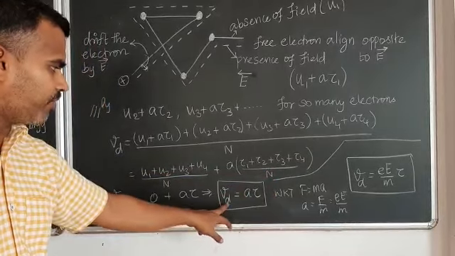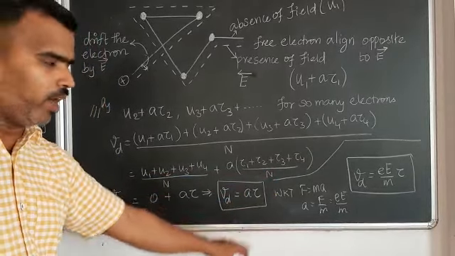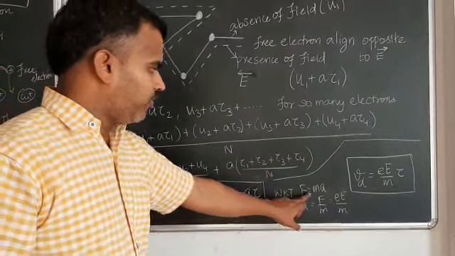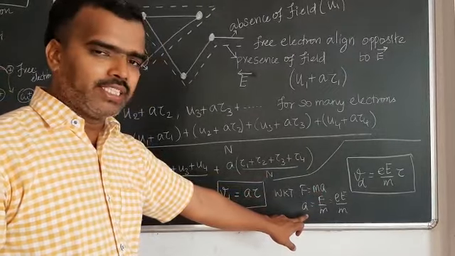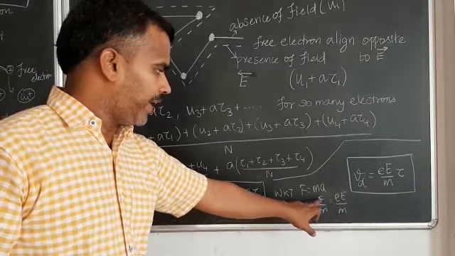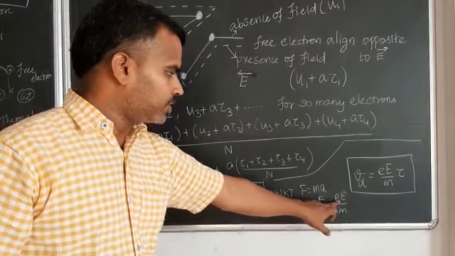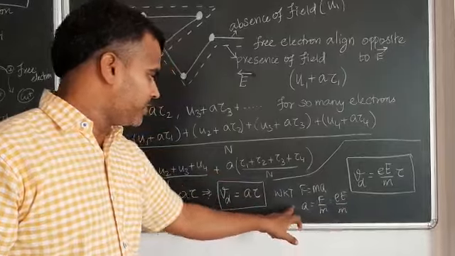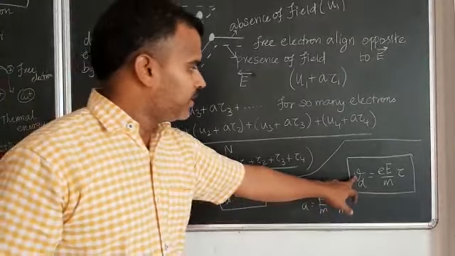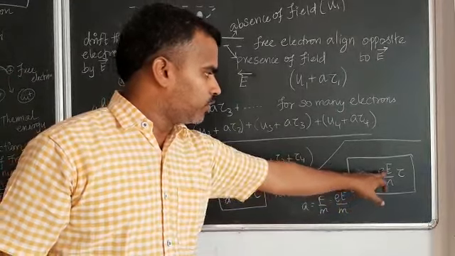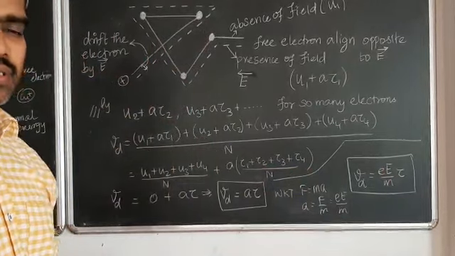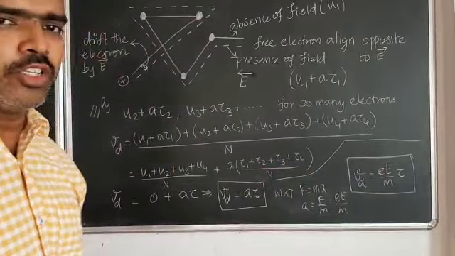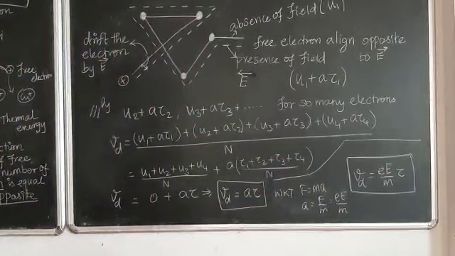We can write drift velocity Vd equals a tau, and we know that F is equal to ma, so a is equal to F by m. Force can be written as charge into electric field, so a equals eE divided by m. Substituting this a value here, drift velocity Vd is equal to eE tau divided by m. That is the expression for drift velocity.